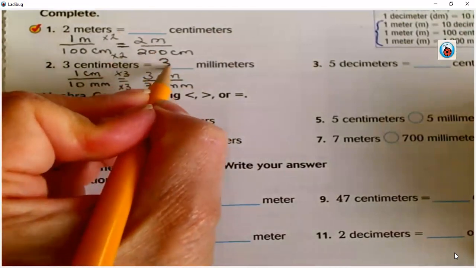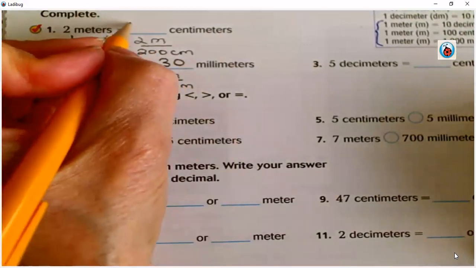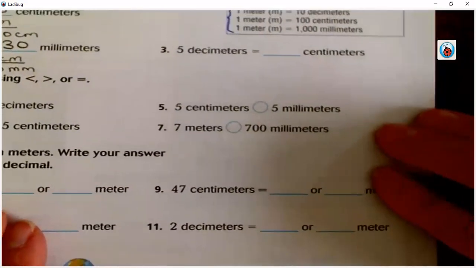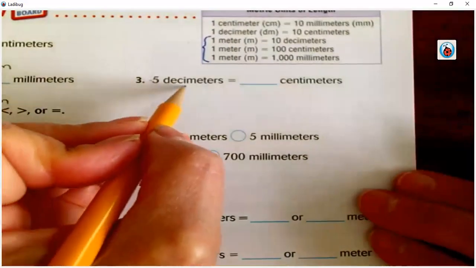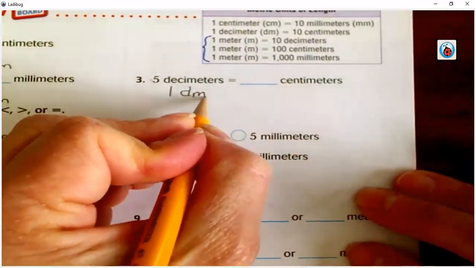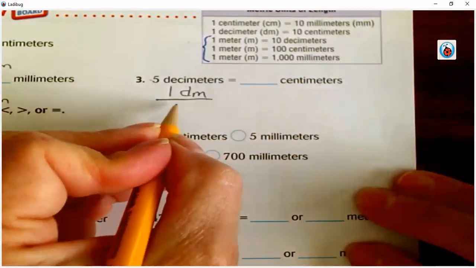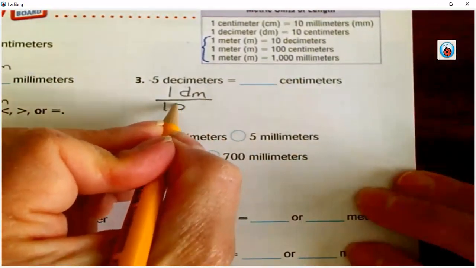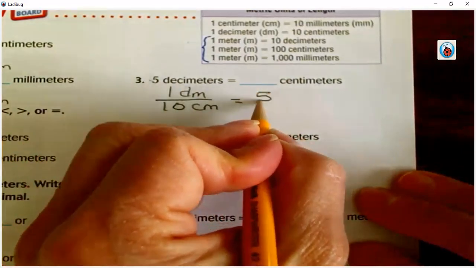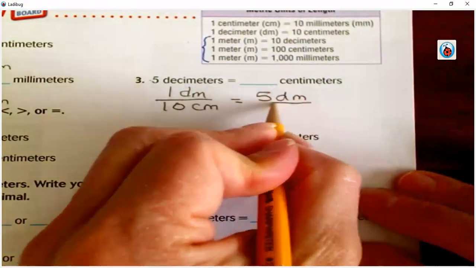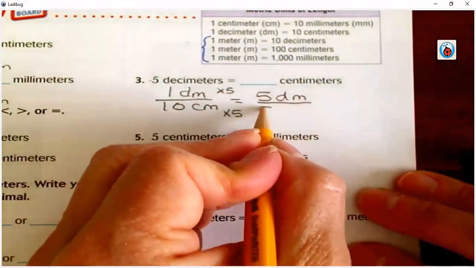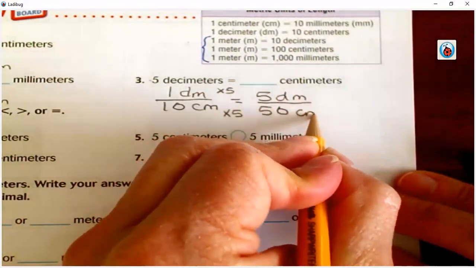So this would be 30 millimeters. Let me go back up and write that one. Okay, 5 decimeters is how many centimeters? Well, in 1 decimeter, there are 10 centimeters. So 5 decimeters would be times 5, times 5, 50 centimeters.